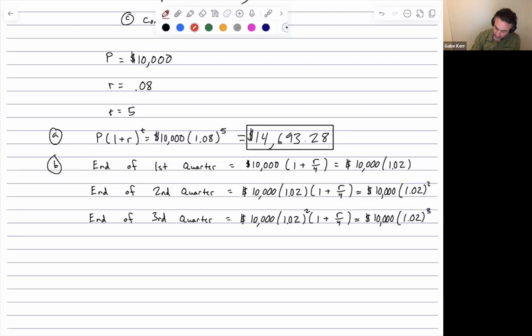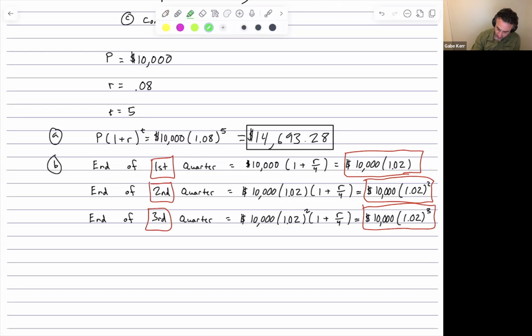This is the end of the first quarter, end of the second quarter, end of the third quarter. Here are some numbers to pay attention to. The first quarter, well, I didn't write it this time, there's a 1 here. That's 1, 1, 2, 2, everything else is the same, 3, and so on.